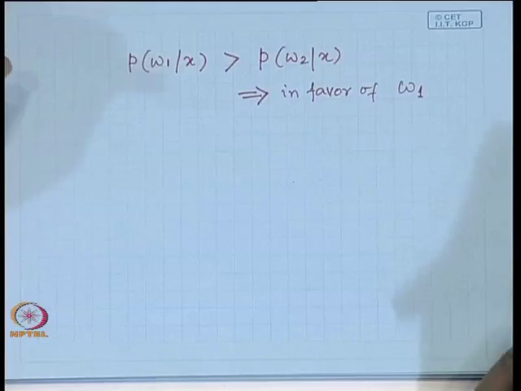That means we decide that the object having this observation x belongs to class omega 1. If it is otherwise, that p of omega 2 given x is greater than p of omega 1 given x, then we decide that the object belongs to class omega 2.